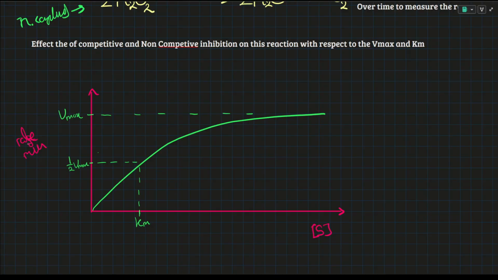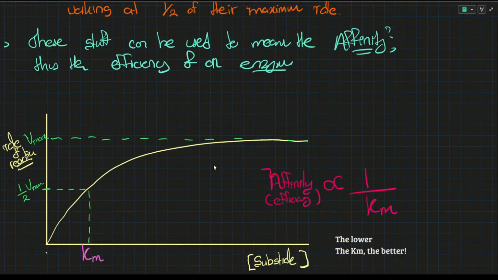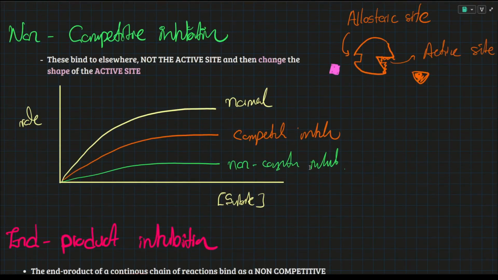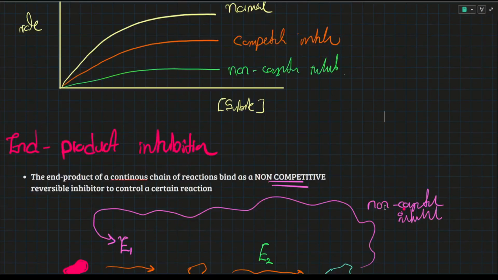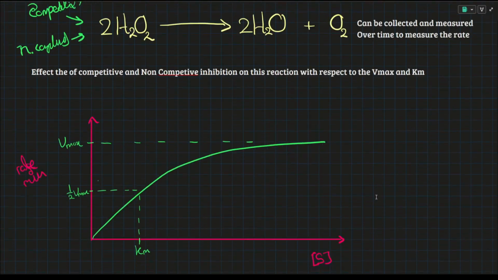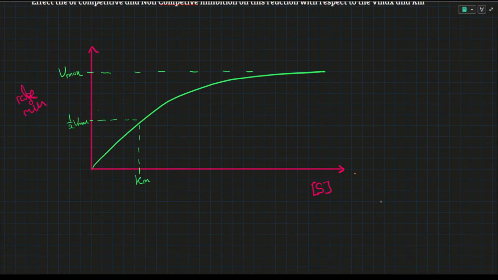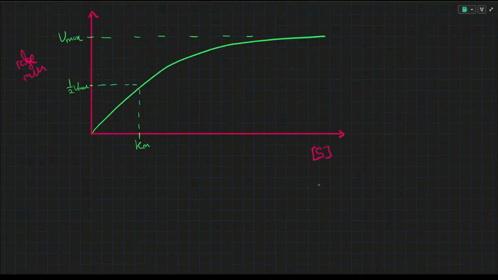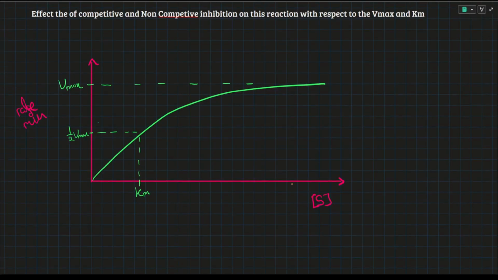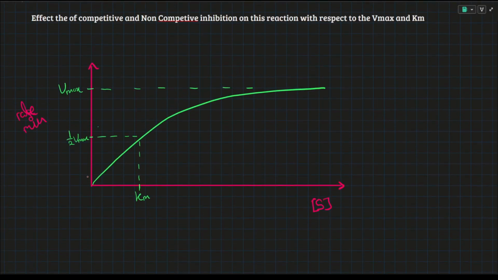Now let's look at what happens if I add a competitive inhibitor and a non-competitive inhibitor. If you recall from the previous spread, the above line is always going to be the competitive inhibitor, the below line is always going to be the non-competitive inhibitor. The same analogy applies here as well. I think I'll use orange for competitive inhibition and something else for non-competitive. Let's start with competitive inhibition. If you added a competitive inhibitor, this is how the line would look.